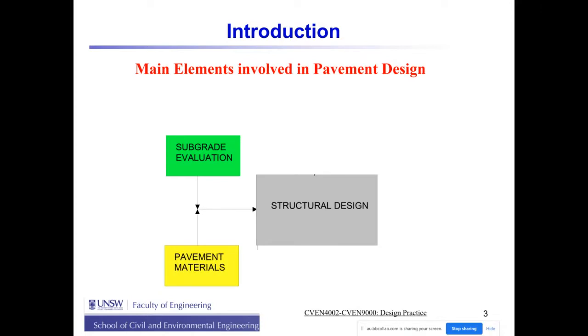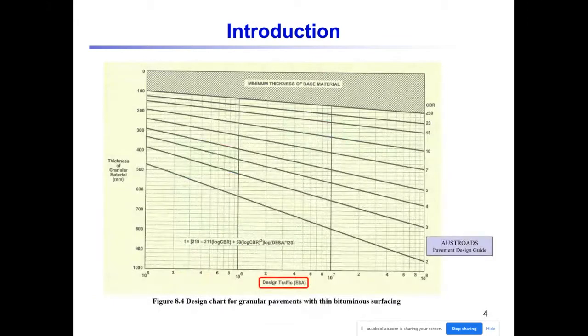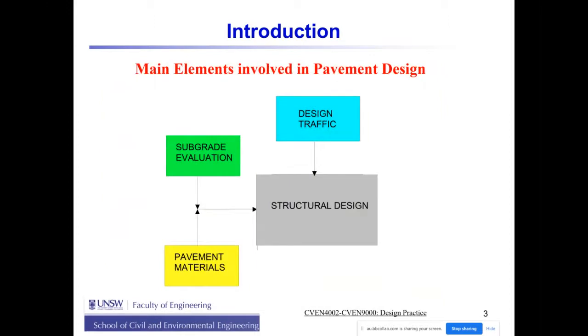The other thing is which type of material we want to use for different layers: sub-base, base layer, as well as the surface layer. And the other thing is the design traffic. So these are considered the main input data for the design of the pavement.